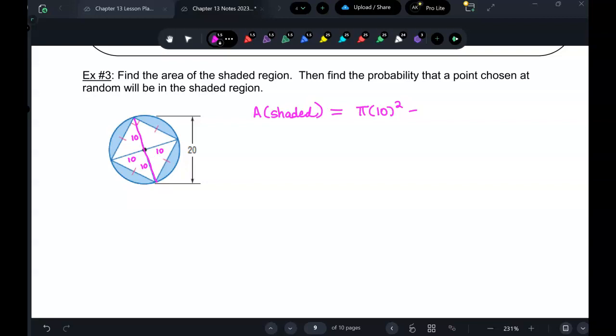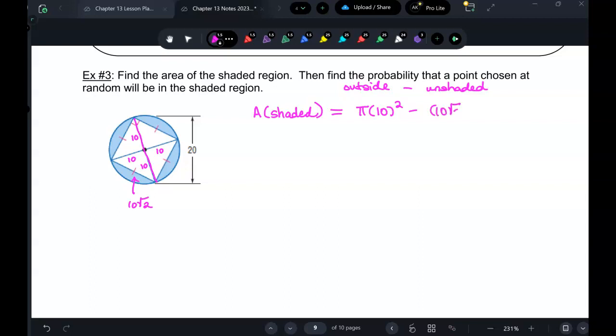It's going to be basically the outside minus the unshaded region. So what's the outside? The outside is the circle, so the circle is pi r squared. The unshaded is the square. Since this is a square, all of these are 10, and each side would be 10 root 2.